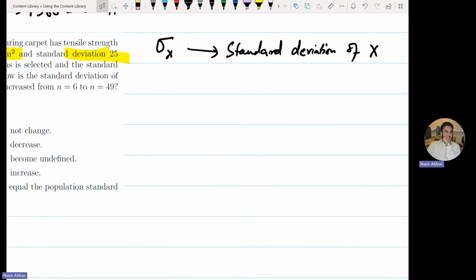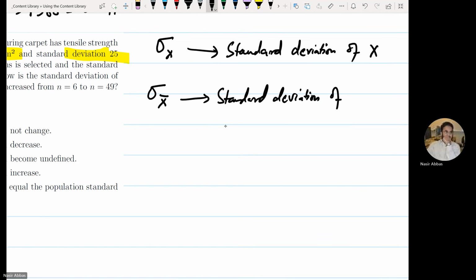This is standard deviation of X. This is standard deviation of sample mean, X bar.